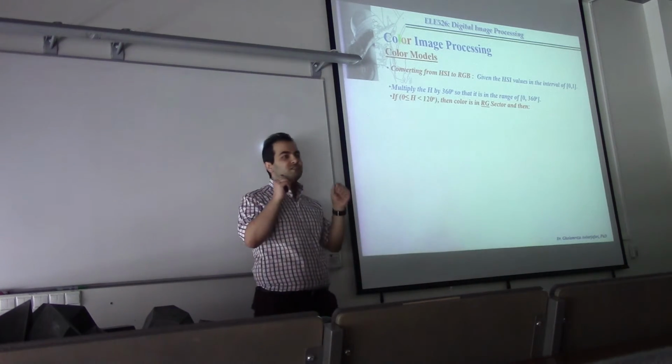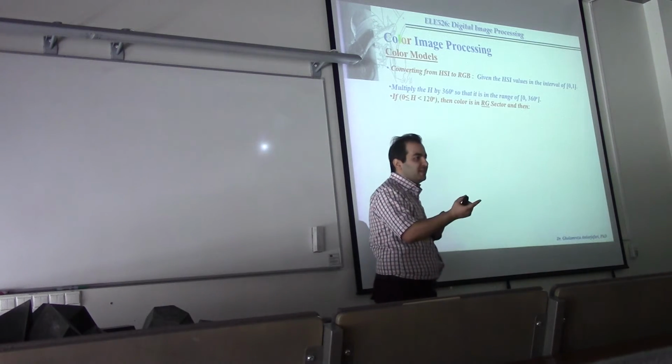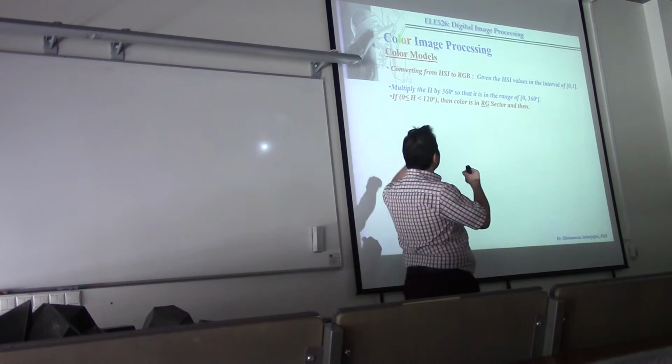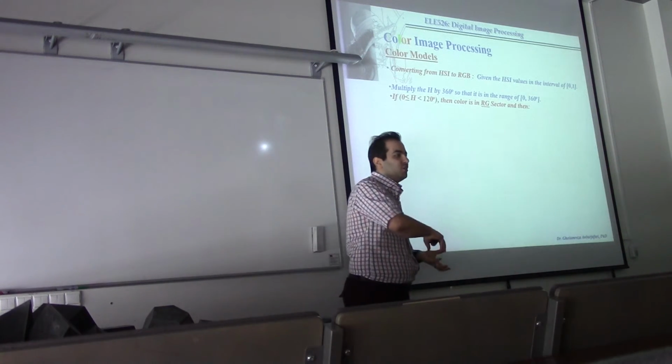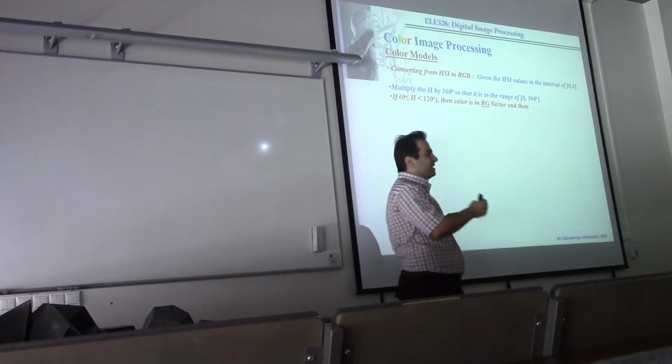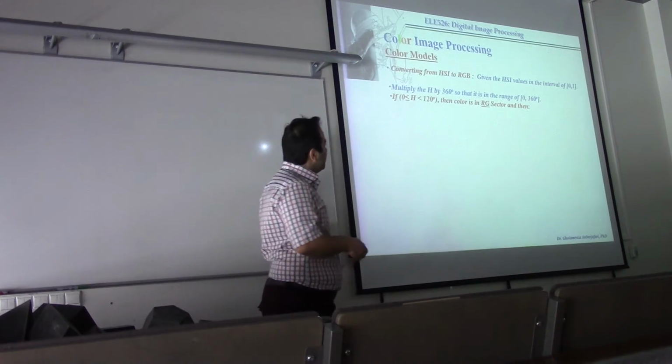If you are working with MATLAB, it returns the value of the hue in radians. It means that if you want to use this equation, you have to convert the radians to degrees, and after that use this equation if you are working in MATLAB.